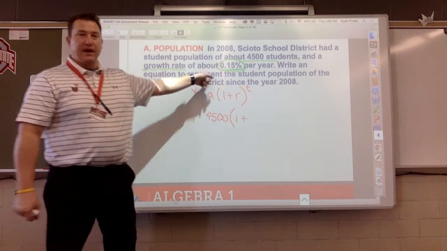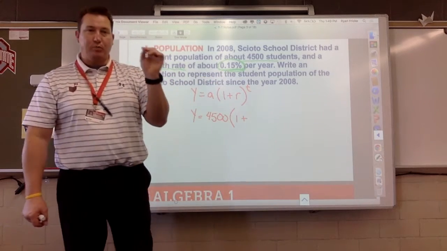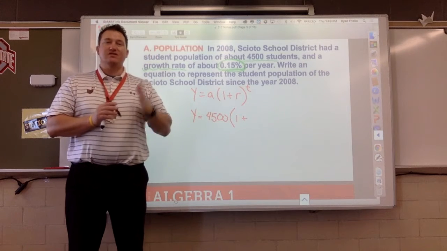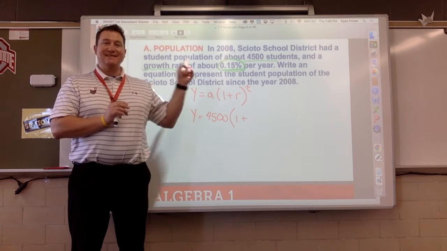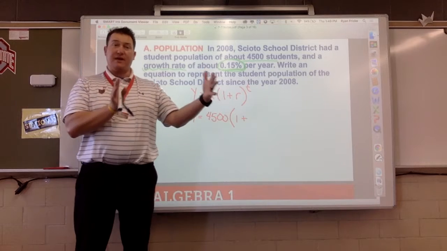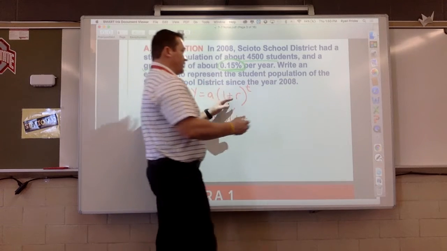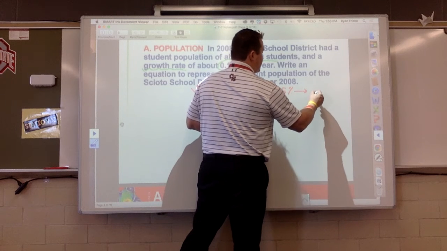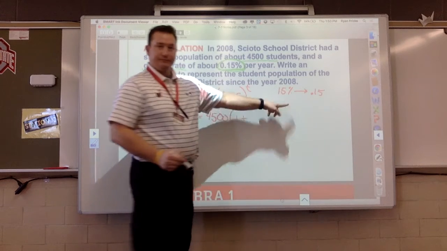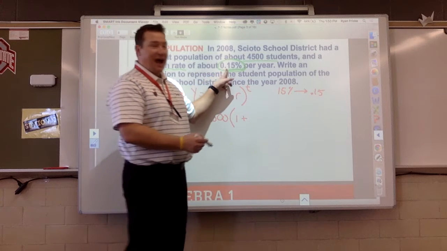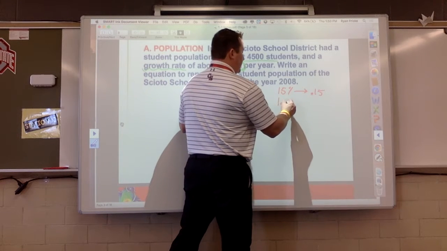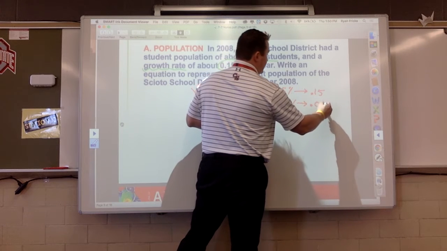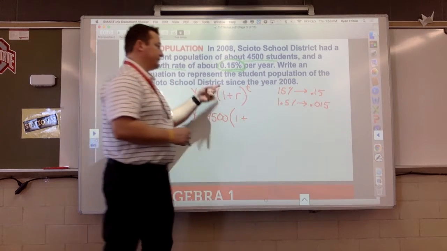What is the rate? Well, the rate is this weird 0.15%. And it's confusing because it's already like a decimal, but it's not because they gave me a percent. So I need to make that percent literally what it is. If it was 15%, we would make this 0.15. If this was 1.5%, we would make this 0.015.